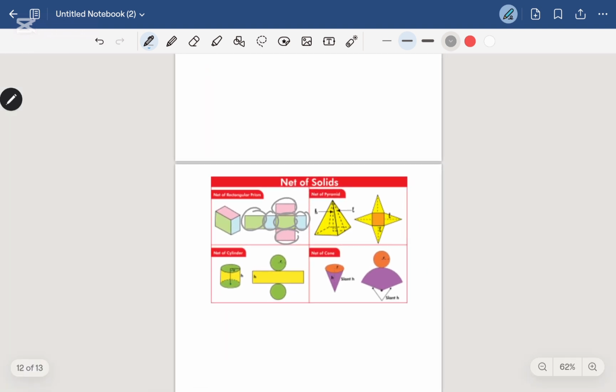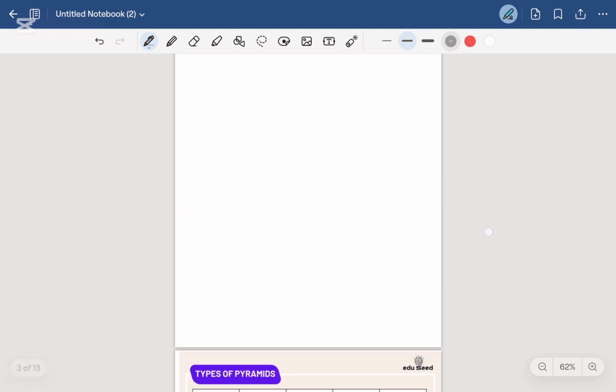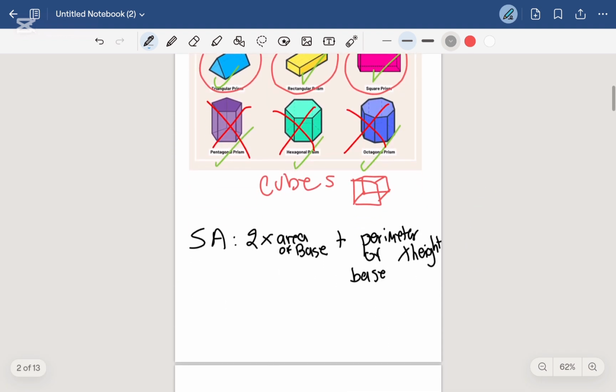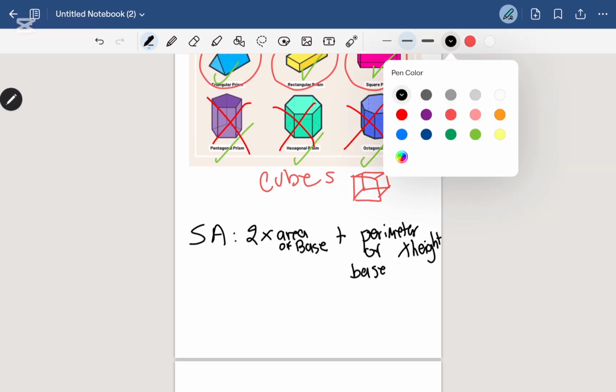This is the meaning of surface area. So you will add the area of all of the shapes. You could memorize it like this: whatever shape you get, you will find the area of all of its sides and add them together. Or very simply, for prisms, you could memorize that the surface area is 2 times the area of the base plus the perimeter of the base times the height.